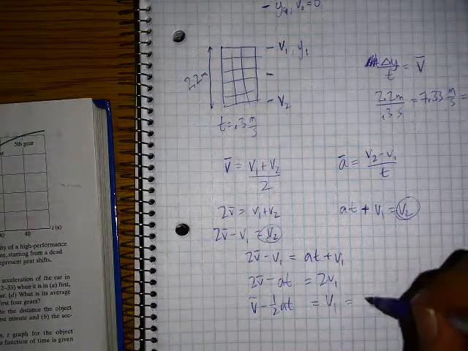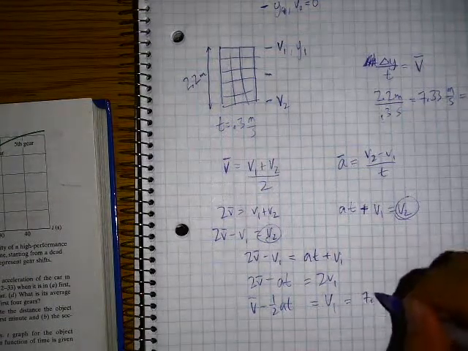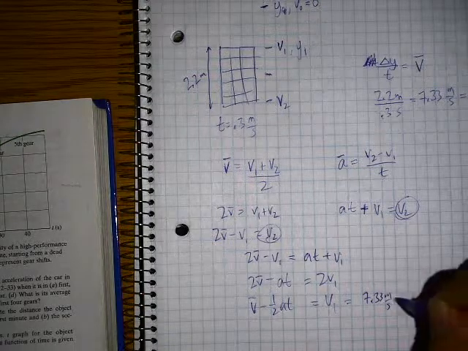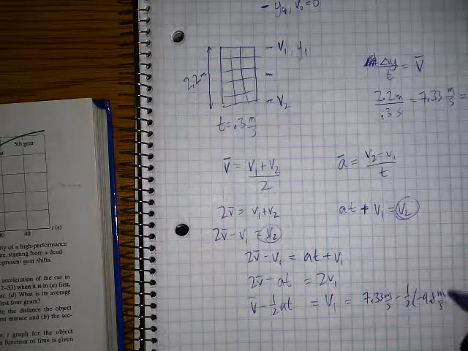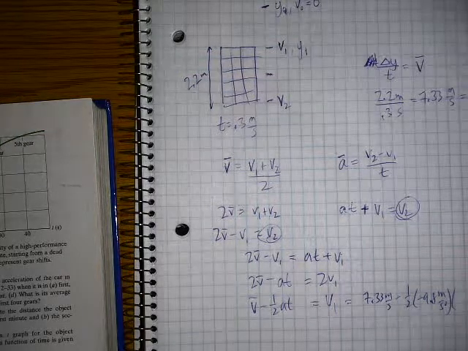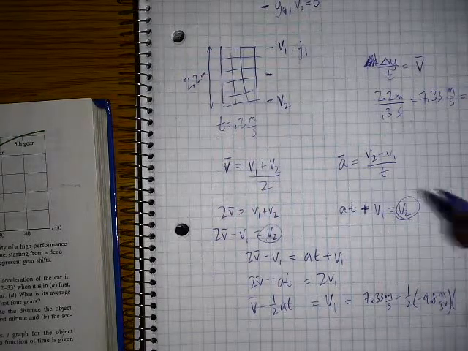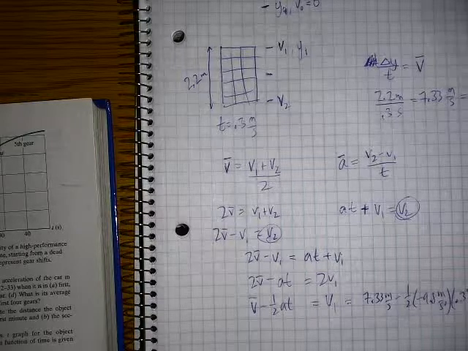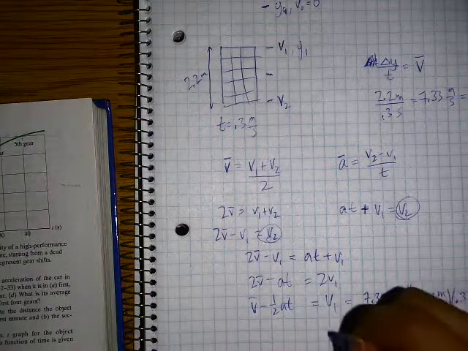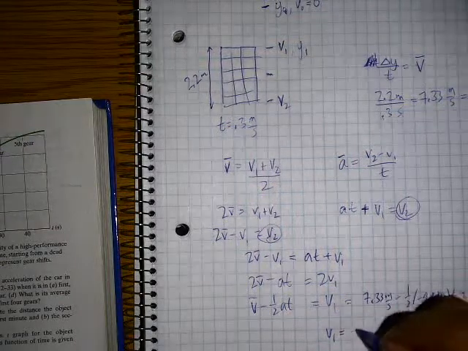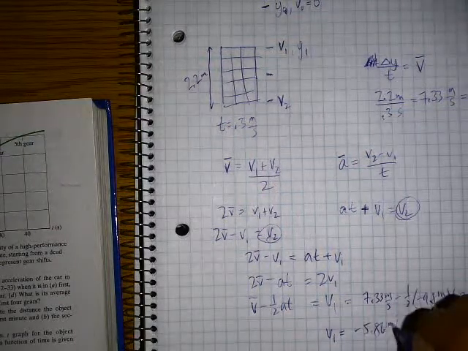v bar is 7.33, we've solved that already, minus 1/2 times negative 9.8 times the time, which is 0.3. And so we get that v1 is equal to negative 5.86 meters per second.